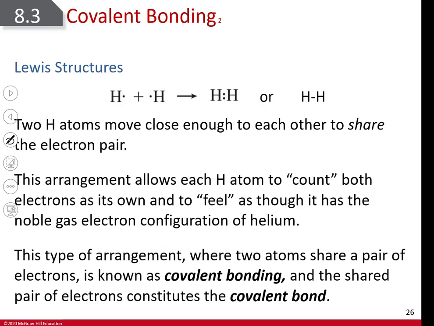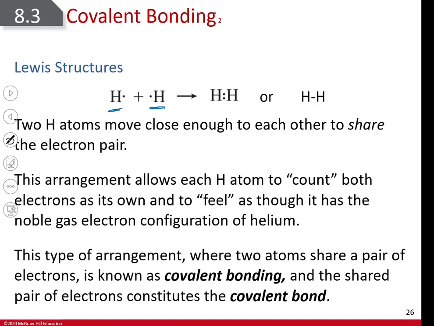So for example, let's look at our simplest, smallest covalent molecule, which is the diatomic homonuclear molecule hydrogen, H2. So each hydrogen's Lewis dot structure has one electron. What noble gas does hydrogen want to be isoelectronic with? It's the nearest one to him. Helium, good. How many electrons does helium have? Two. Therefore, hydrogen wants to have 2 electrons.